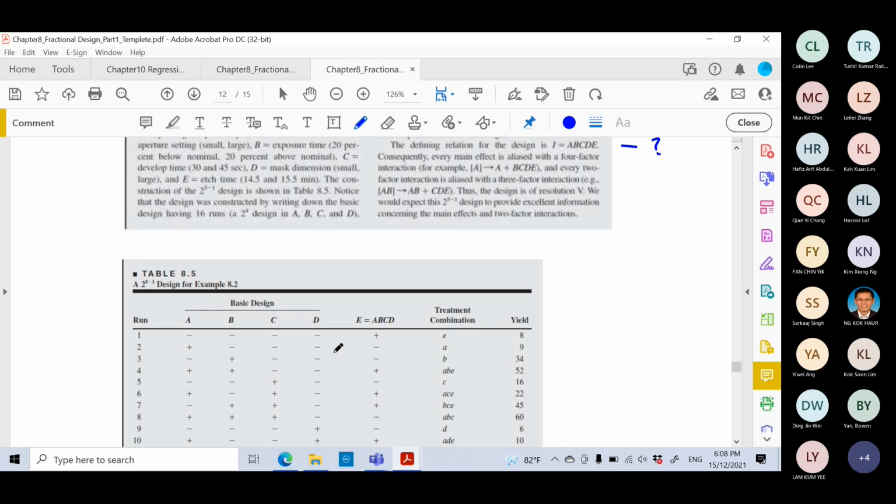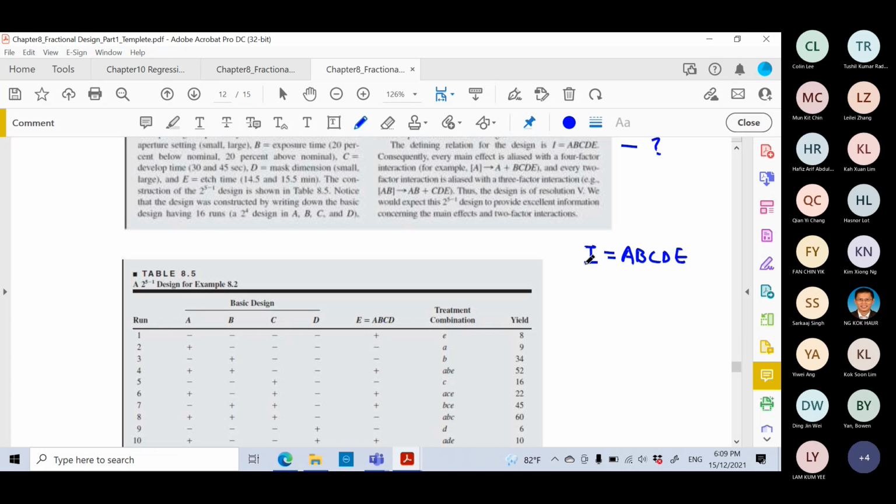Based on the signs of A, B, C, D, E, 1/2 of them will run for the positive sign and the other 1/2 for the negative sign. So I is equal to A, B, C, D, E. We use this as the defining relation here. The A, B, C, D, E is your generator.